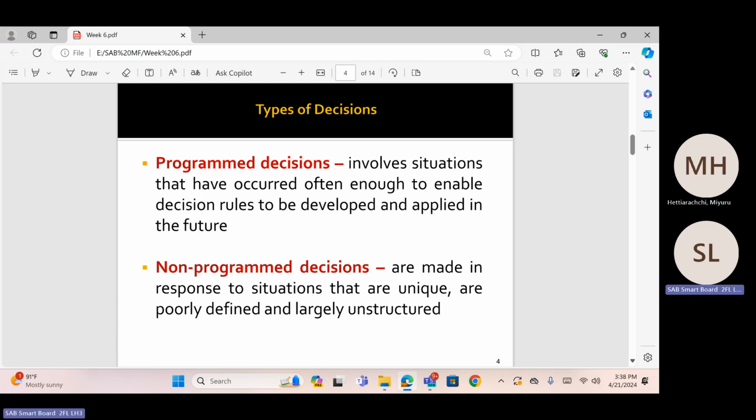So basically we talk about the types of decisions. Knowledge workers can highly use those knowledge work systems with improved computer applications and software packages.